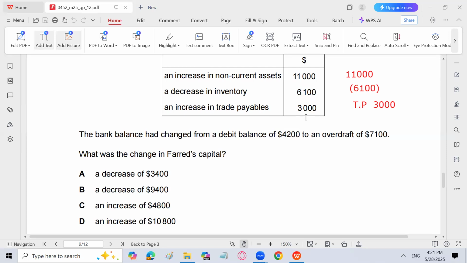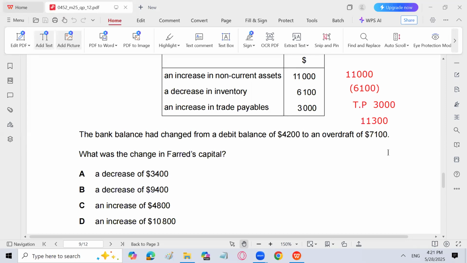It is decreased by 11,300. So there is a decrease in bank balance of 11,300, which is a liability you can consider, or a decrease in asset you can consider. Right? So this is how we will go for this particular change.